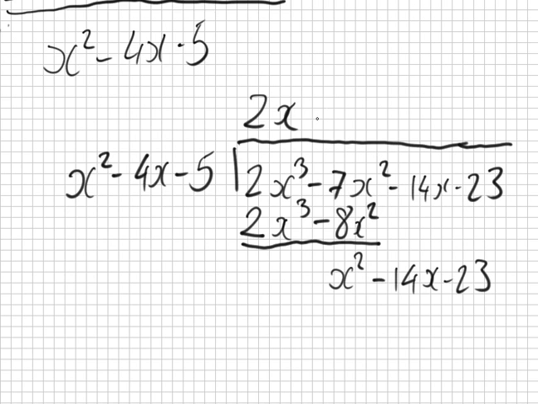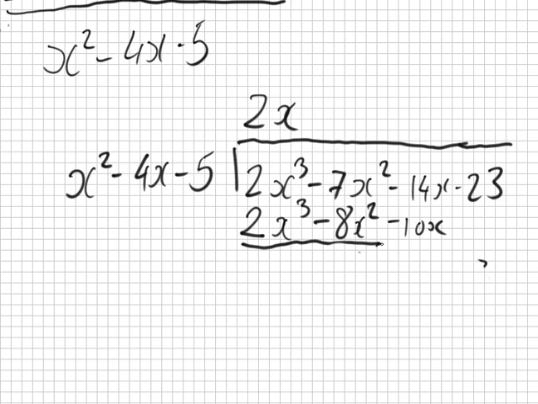Next I'll need, sorry, did I do that right? No. I feel like something's gone wrong. 10x minus 10x. I missed my 10x. 2 multiplied by 2x. Oh, here. So that should be minus 10x.